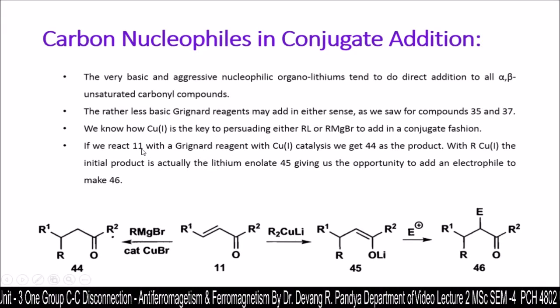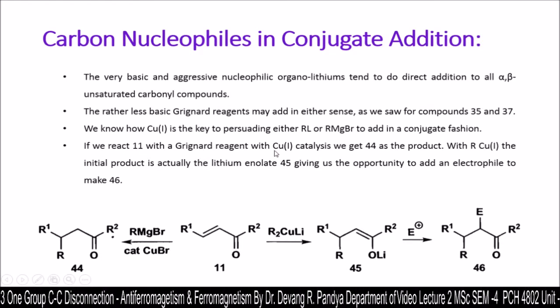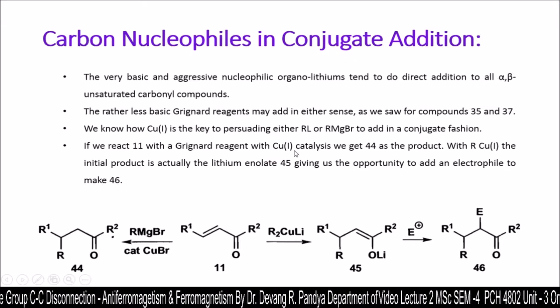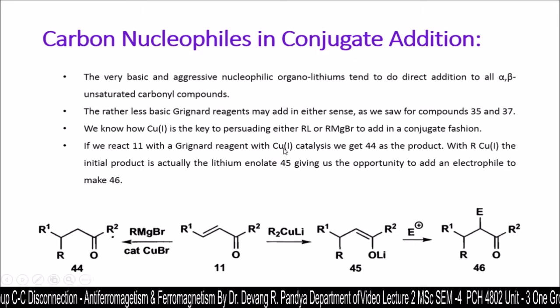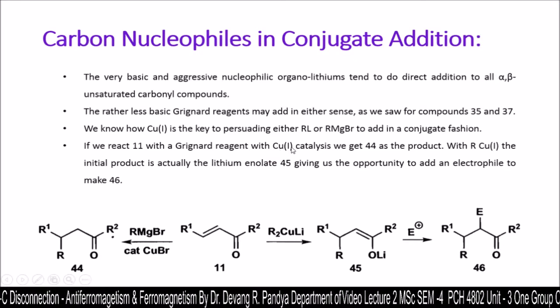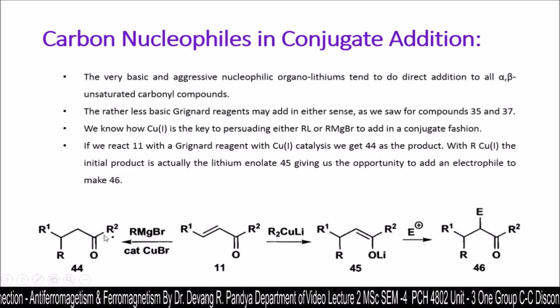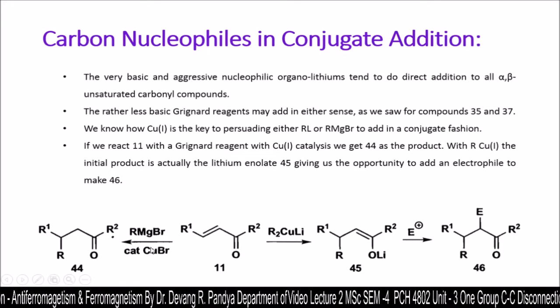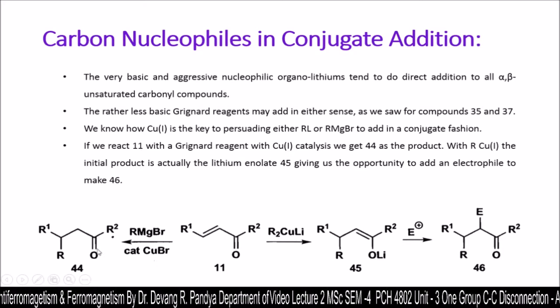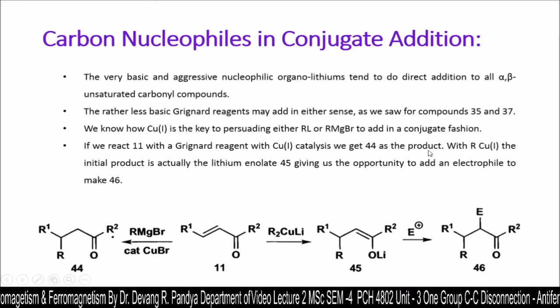If we react 11 with a Grignard reagent with copper 1, or monovalent copper catalysis, we get 44 as the product. This one, with Grignard reagent and cuprous bromide, is going to give us the 44 product.